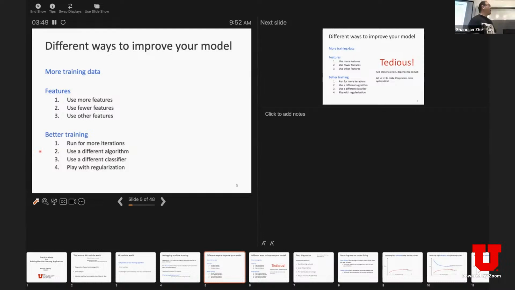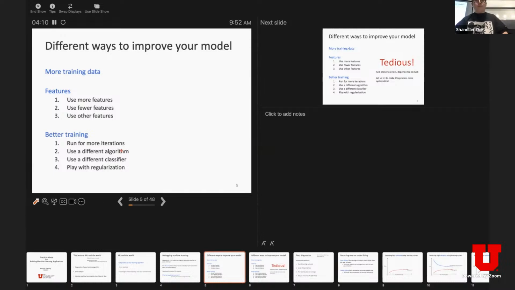From the training algorithm perspective, we might consider running for more iterations. For example, if you just run 100 iterations, the model might not converge, so the performance is bad. So I may consider running 500 or even 1,000 iterations. Or I use a different optimization algorithm.